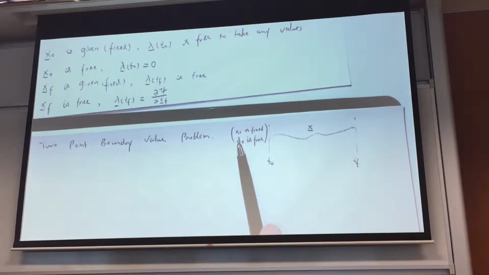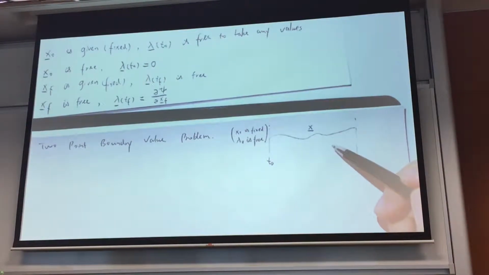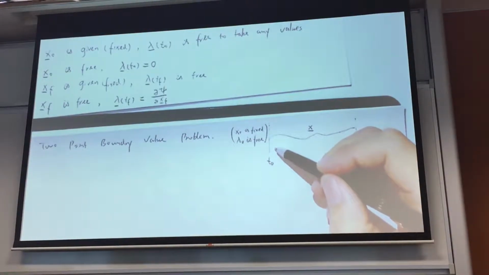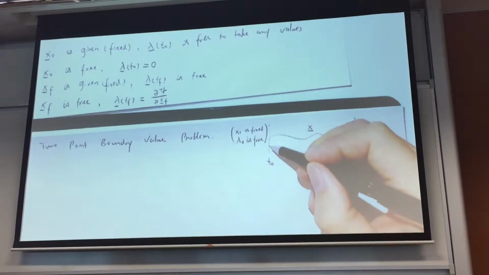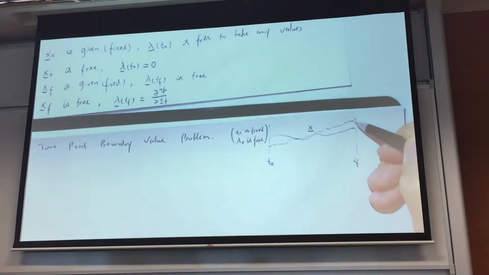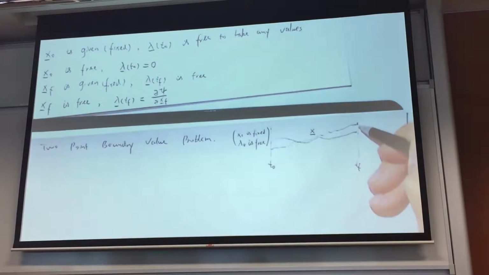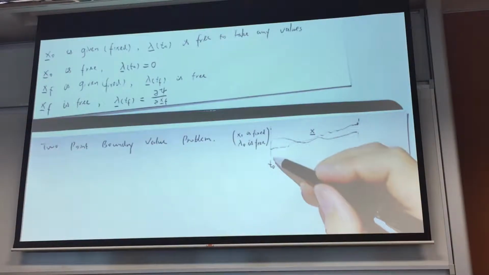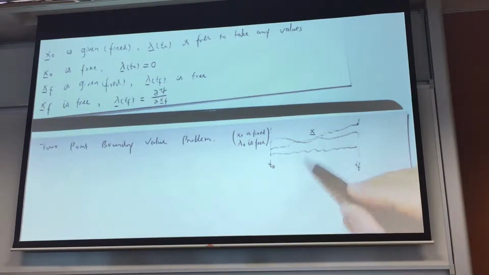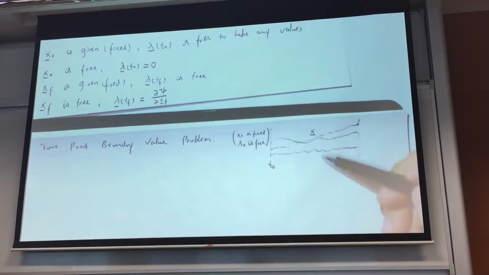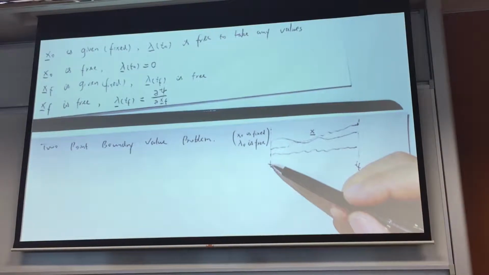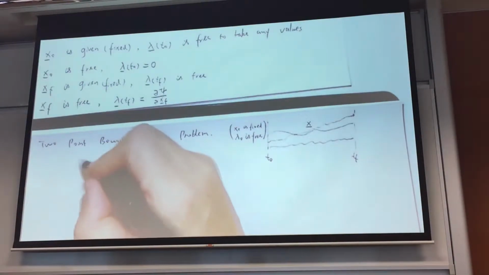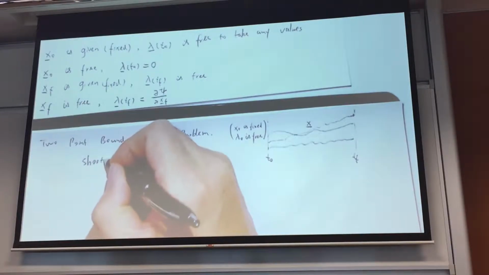Because the lambda 0 is free, your trajectory is not fixed. If you start from a different starting point, it may end up with a different final point. So to solve this problem, we use the method known as the shooting method.